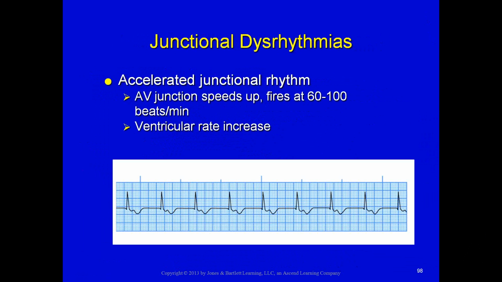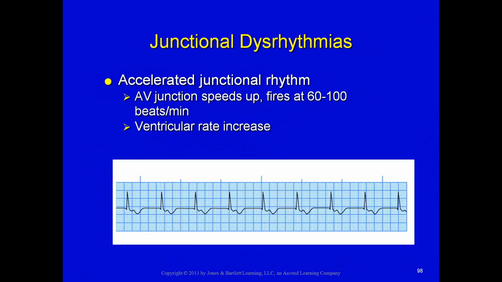Now, the junction normally fires at 40 to 60, but it can fire faster, just like the SA node fires 60 to 100, but it can fire faster as well. And when we have the AV node as the primary pacemaker of the heart, and it's firing faster than 60 but less than 100, we call that an accelerated junctional rhythm.